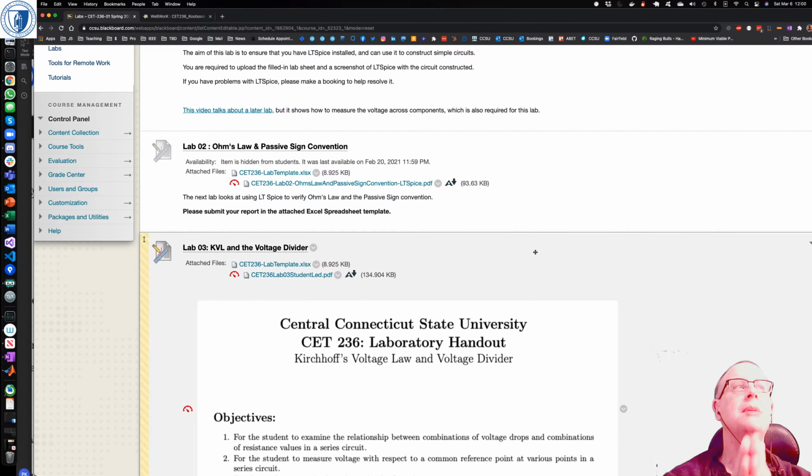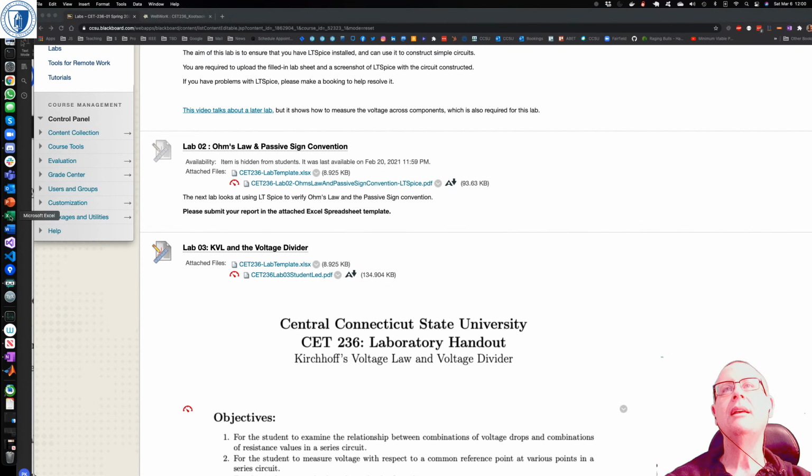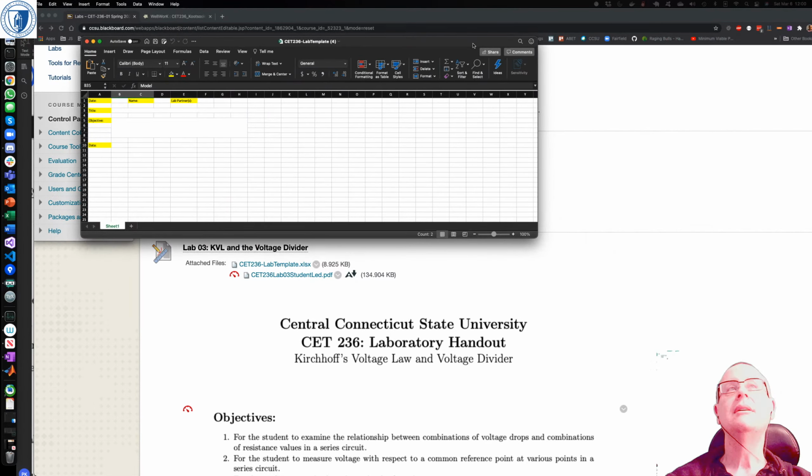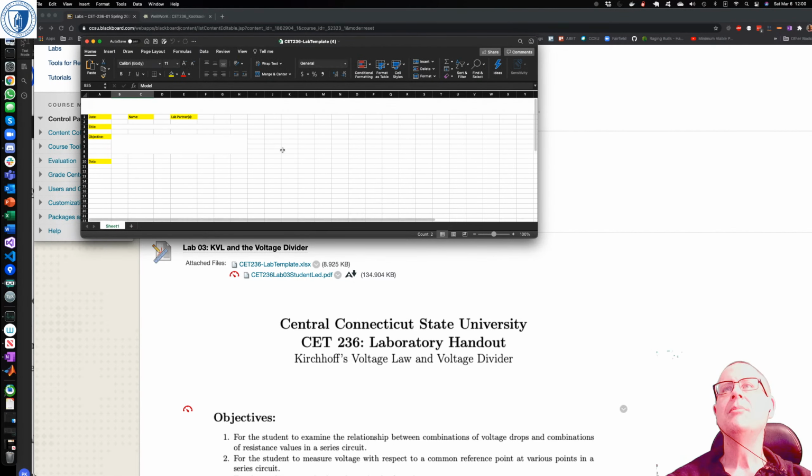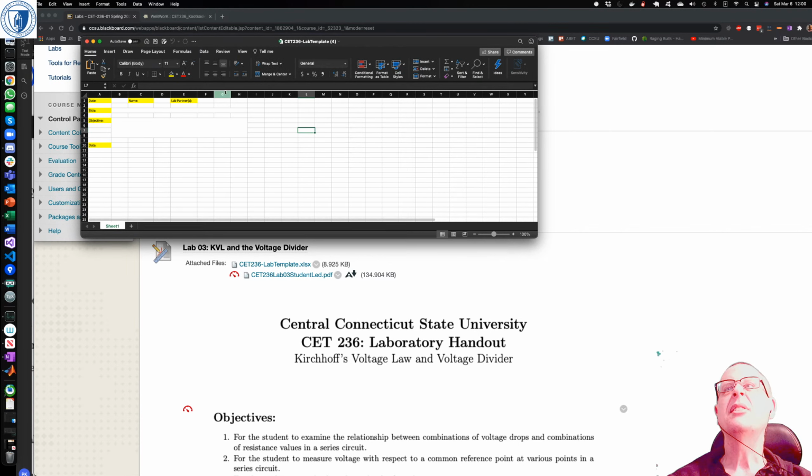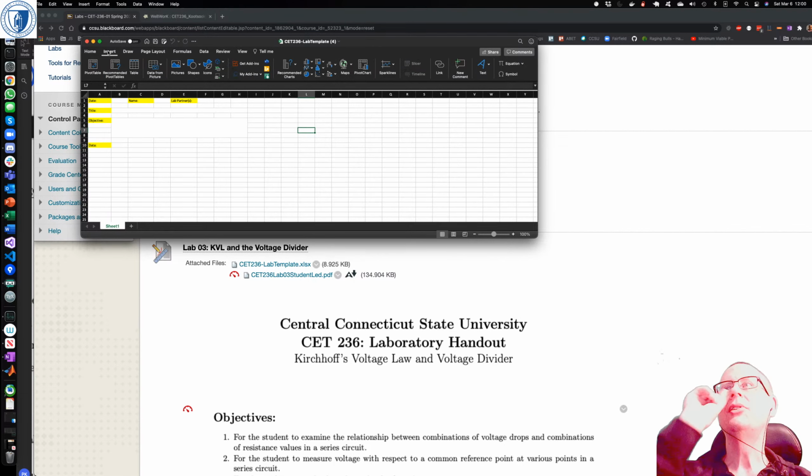Basically you should be able to insert any pictures or any other documents that you need into that Excel spreadsheet. Oh, it's gone there. Okay, so let me just do that. Right, so here's the Excel spreadsheet.